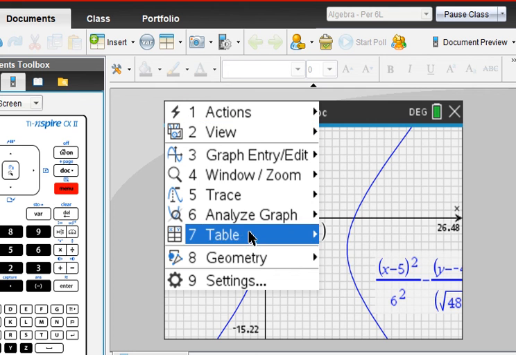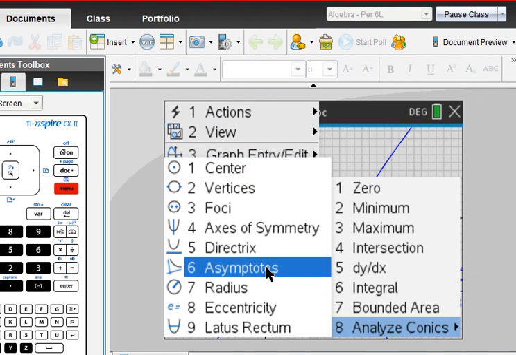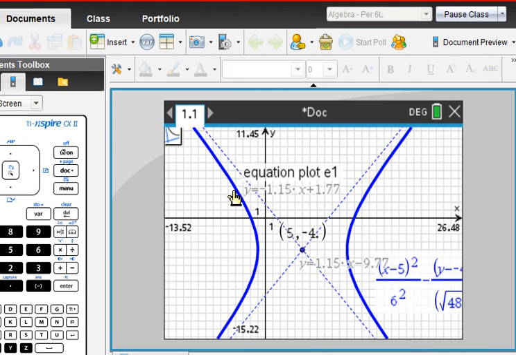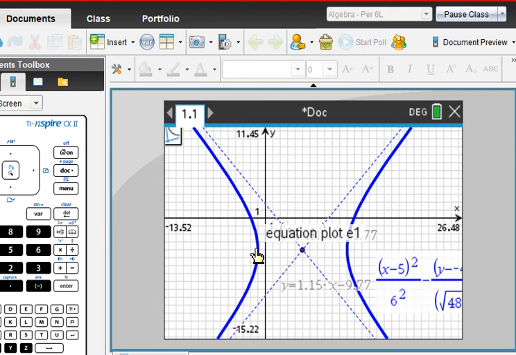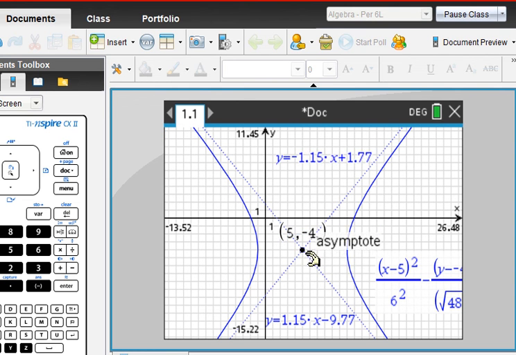So Menu, Analyze Graph, Analyze Conics, Asymptotes. I just click on the graph, and there are my two asymptotes. And that's how we can use complete the square to find the center and the asymptotes for a hyperbola.